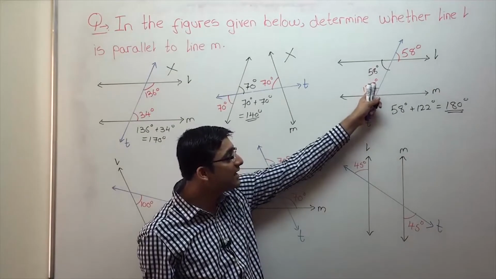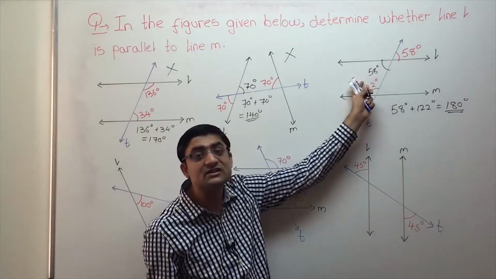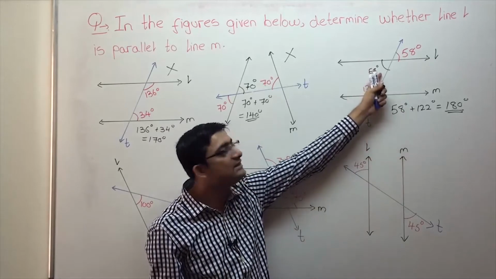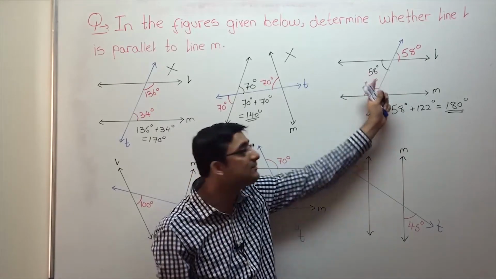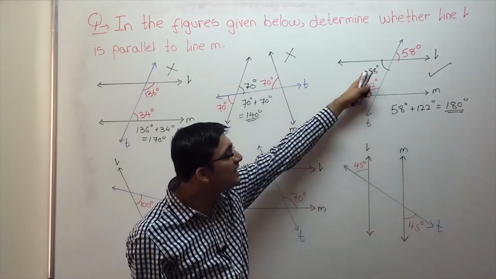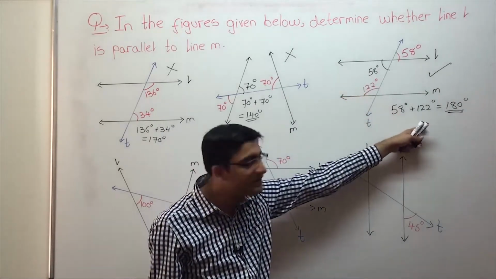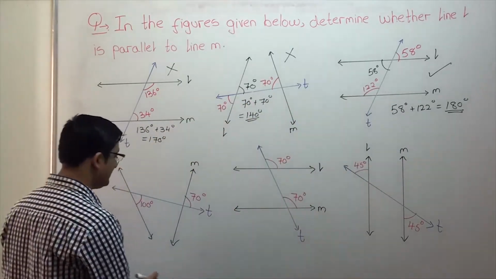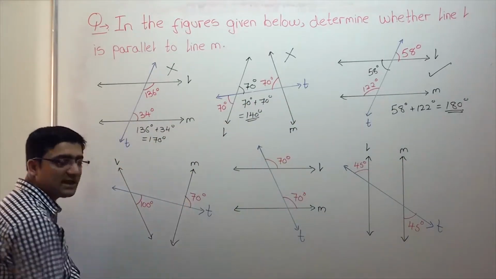So because interior angles on the same side of the transversal are supplementary, hence these two lines are parallel, right? If the sum is 180, they are parallel, else not.